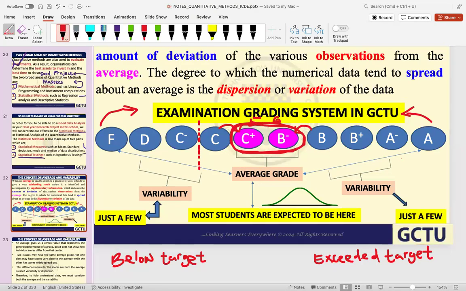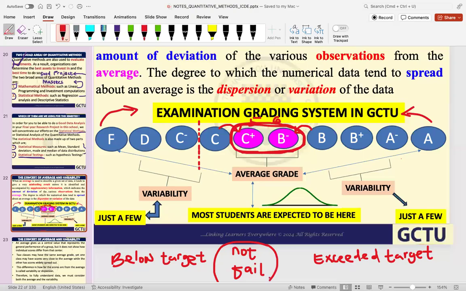So you either get the target or you exceed the target. If you come below, it will not be good for you. So what is the expectation of the school? The expectation of the school is not to wish any student to fail. Other than that, we wouldn't have even given you admission in the first place.